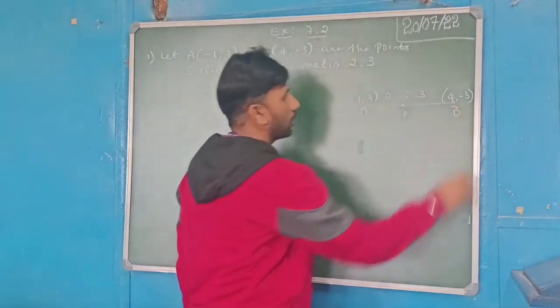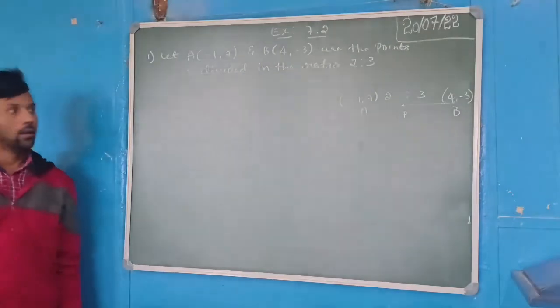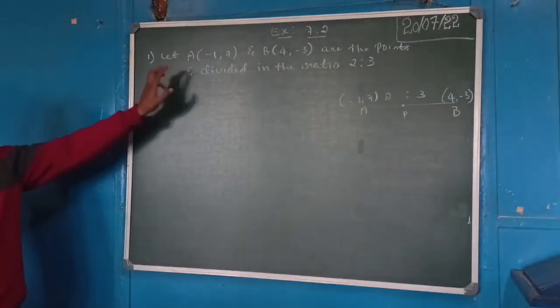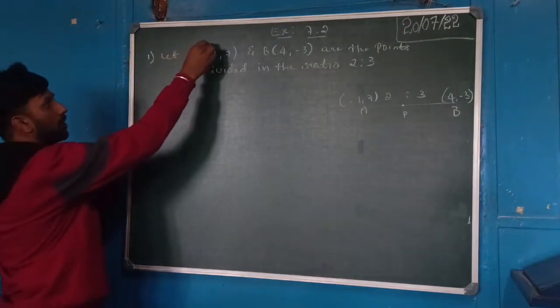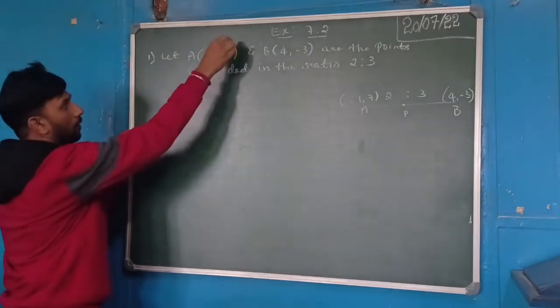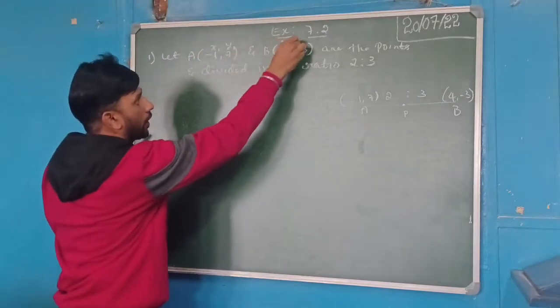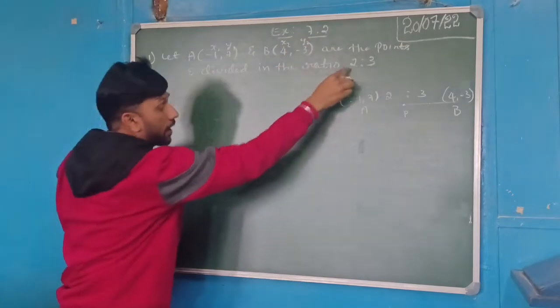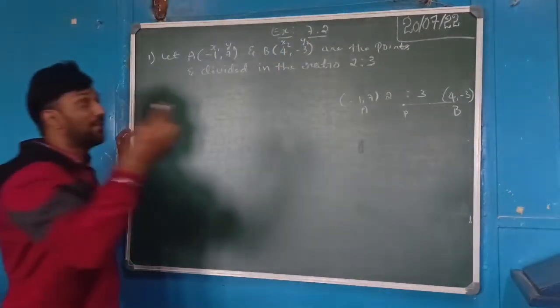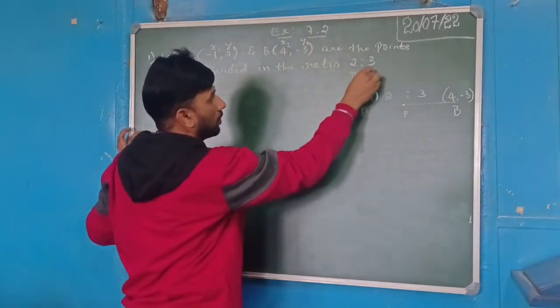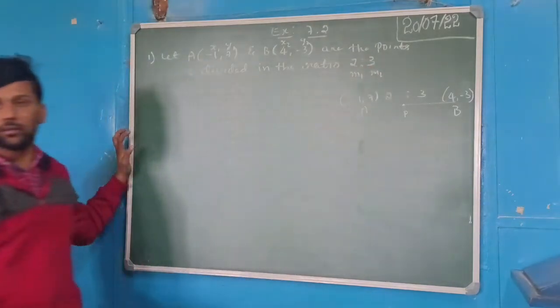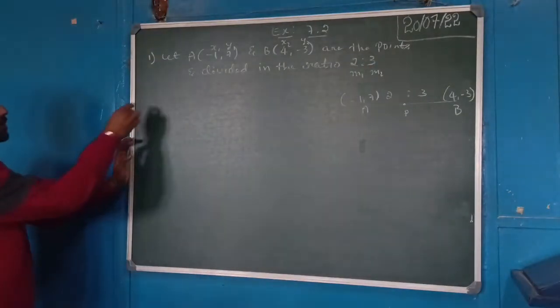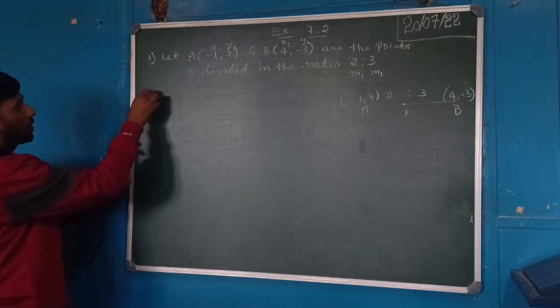Now I'll call this as B. Okay, so here as usual this refers to x1, y1, this refers to x2, y2. Now this ratio refers to m1, m2. Is it clear now? Now we have the section formula, right? Now what is the section formula?